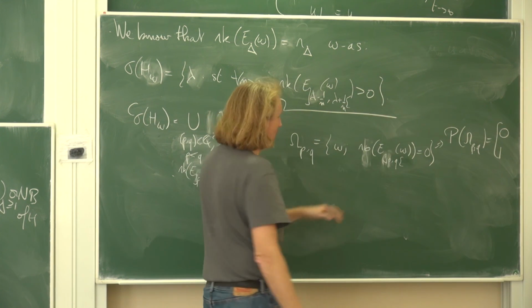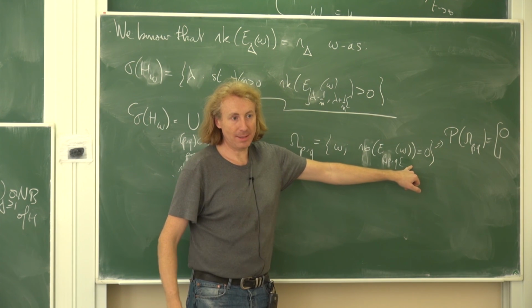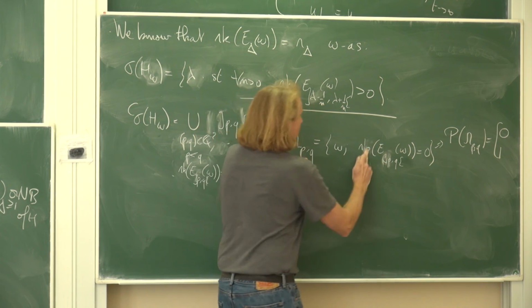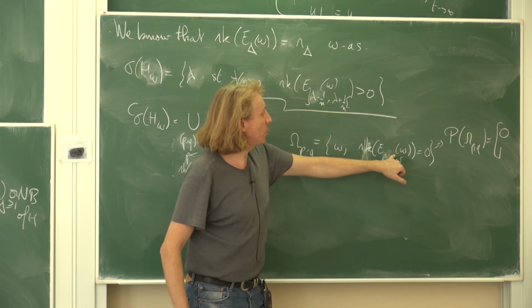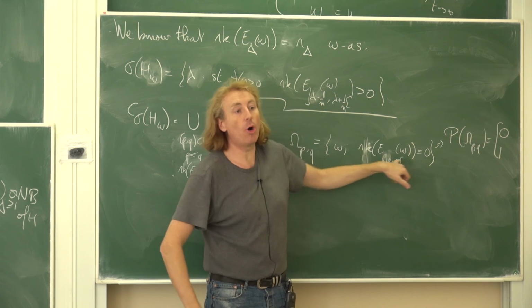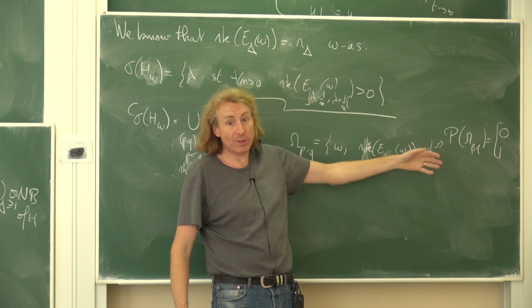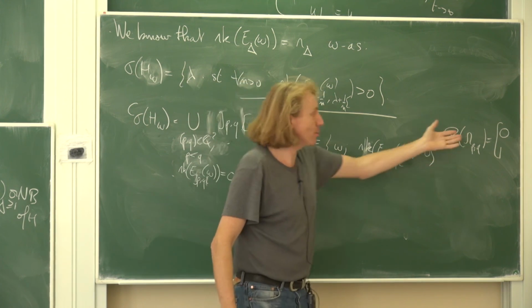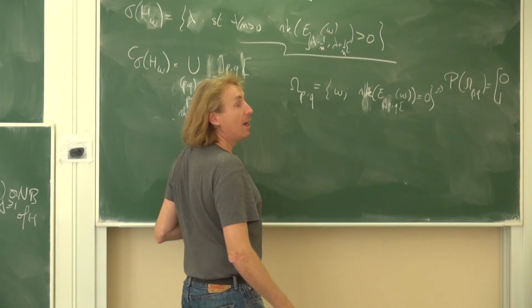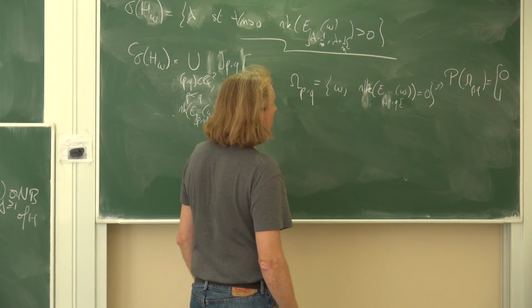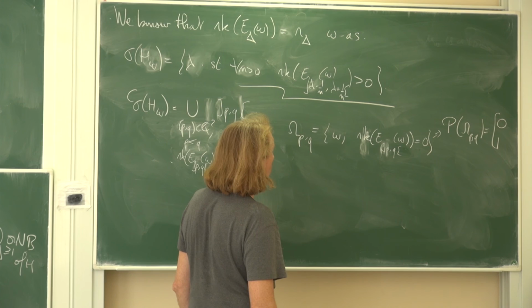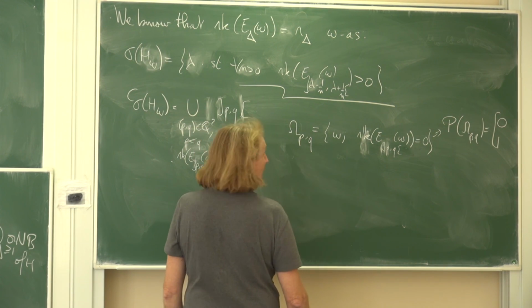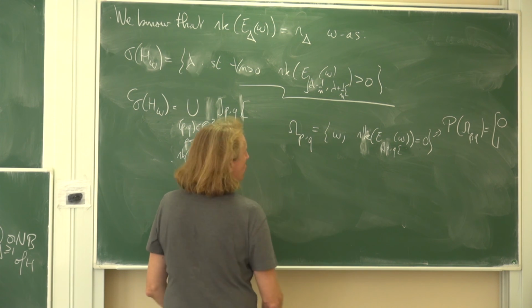Either almost surely the rank of E PQ of omega is equal to 0, or almost surely it's different from 0, because it's almost surely constant.